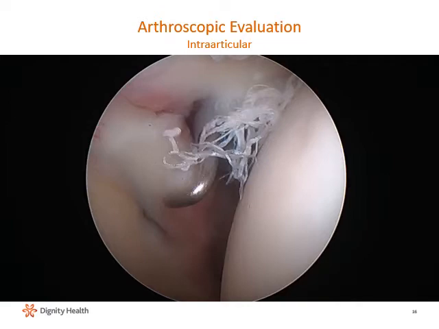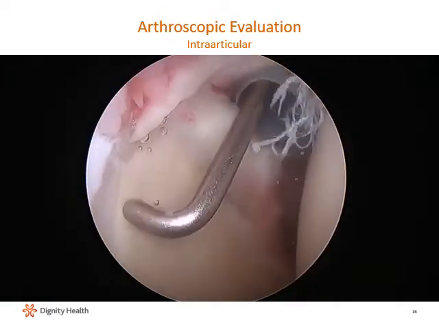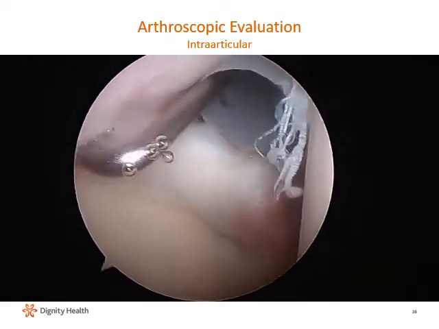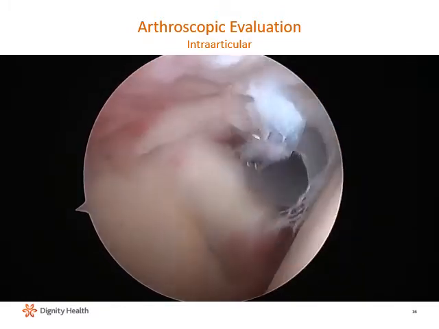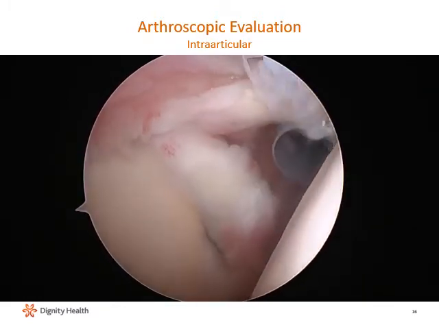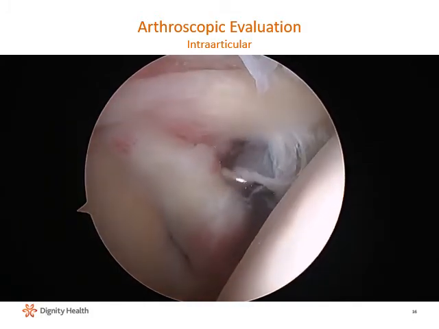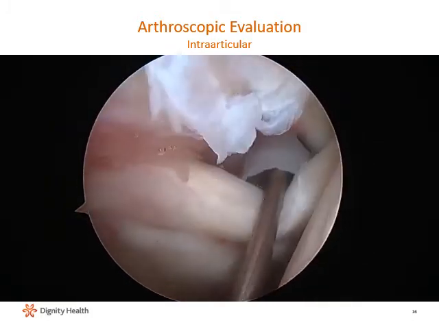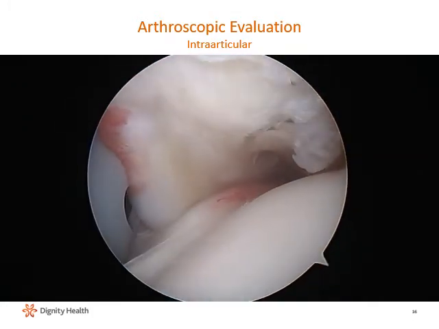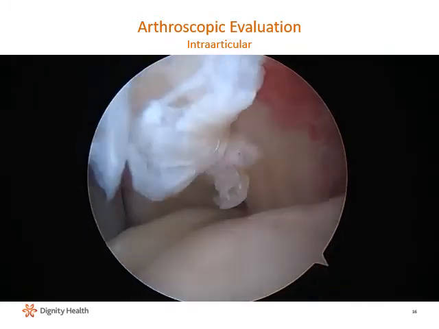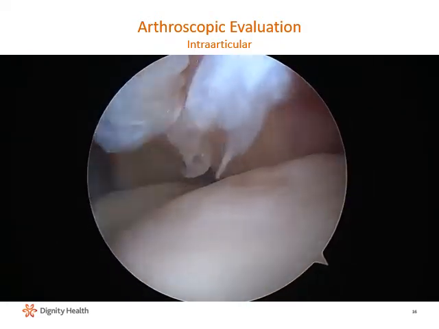So we're going to look at this video. This is arthroscopic shoulder surgery. What we're looking at here on the top is the biceps, the labrum that surrounds the socket of the bone, and the humeral head over here on the right. Turn the camera, here's the rotator cuff. So you can see there's some degree of fraying and tearing of the rotator cuff.